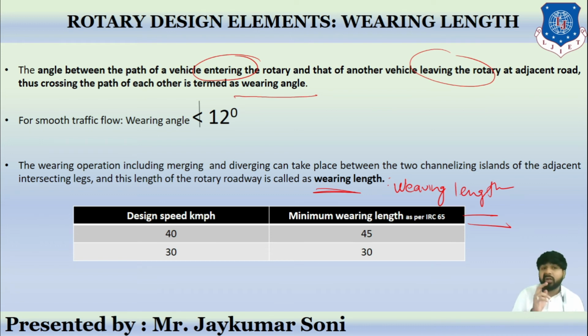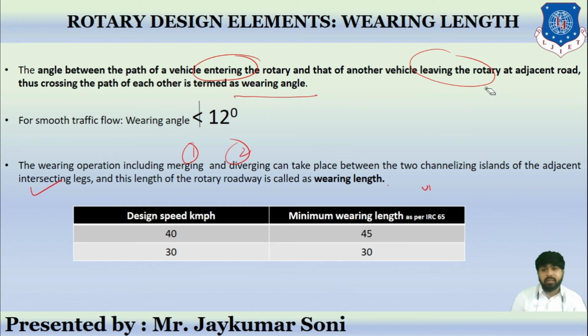Merging and diverging you already know because I have taught those things in the previous sessions, in the topic of conflict points. The weaving operation takes place between the two channelizing islands of the adjacent intersecting legs, and this length of rotary roadway is called the weaving length.